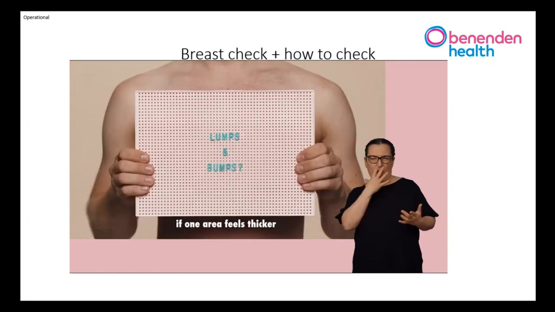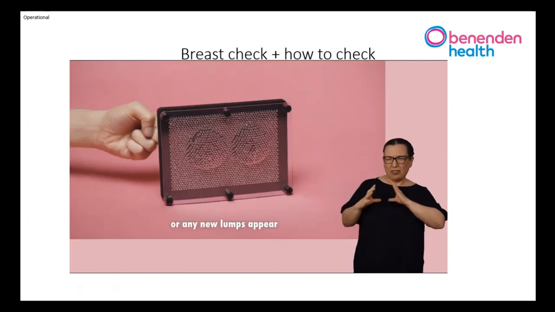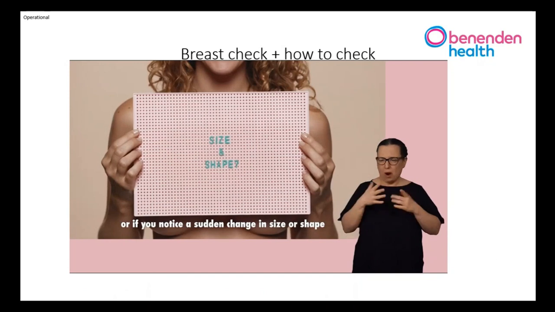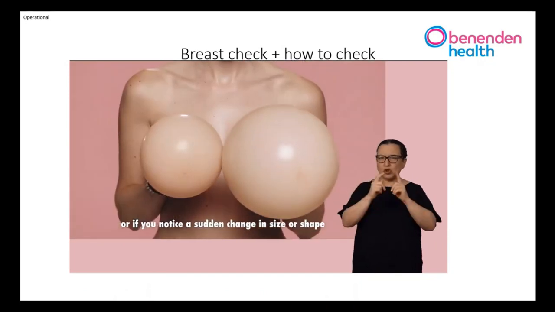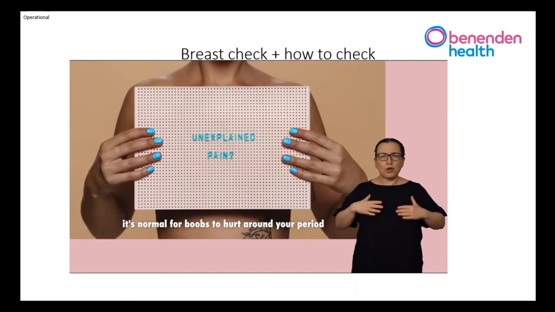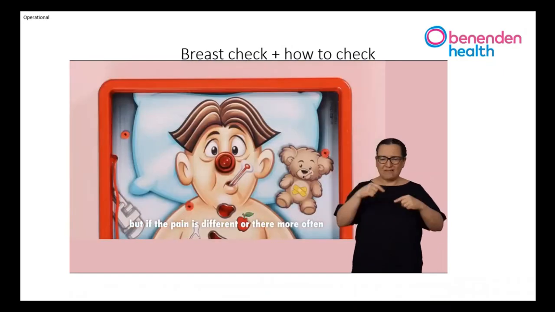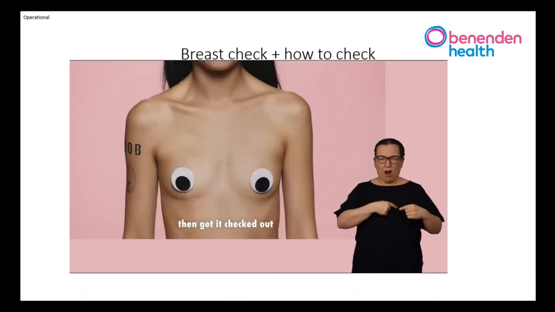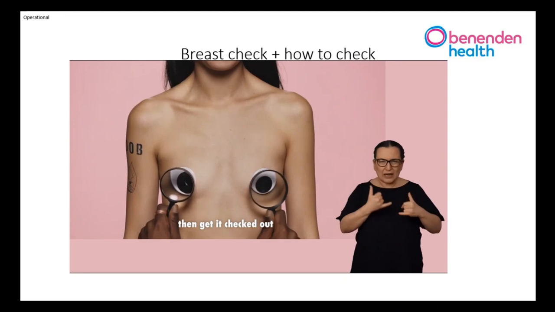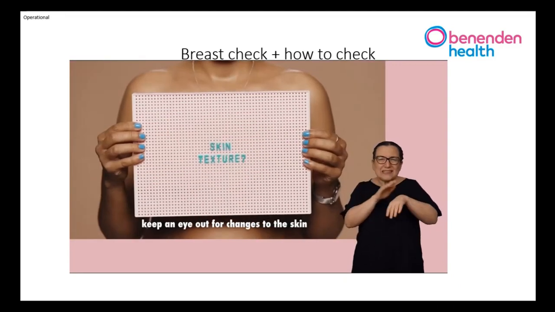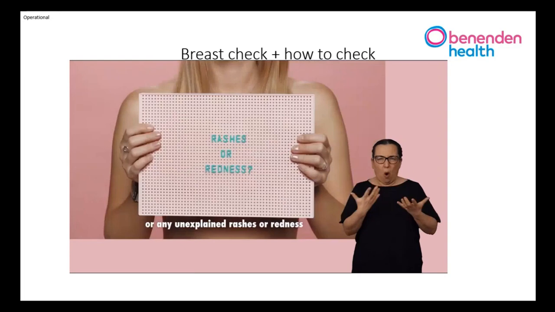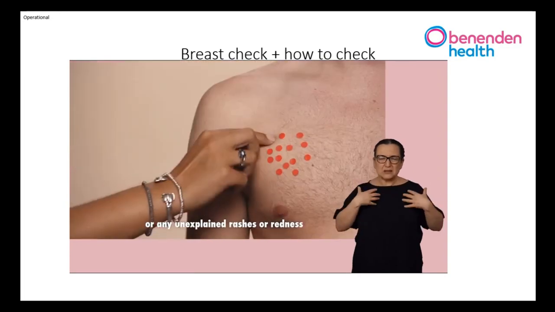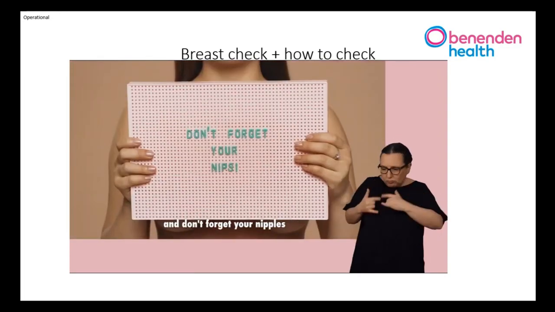If one area feels thicker or any new lumps appear, or if you notice a sudden change in size or shape. It's normal for boobs to hurt around your period, but if the pain is different or there more often, then get it checked out. Keep an eye out for changes to the skin, like dimpling or puckering, or any unexplained rashes or redness. And don't forget your nipples.